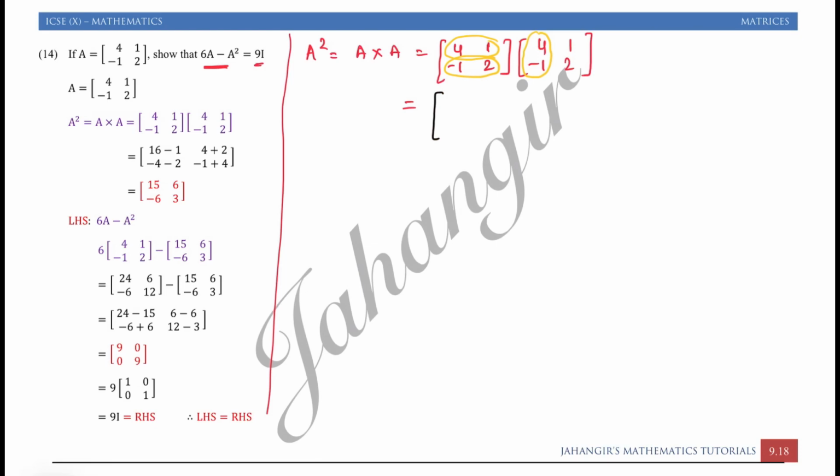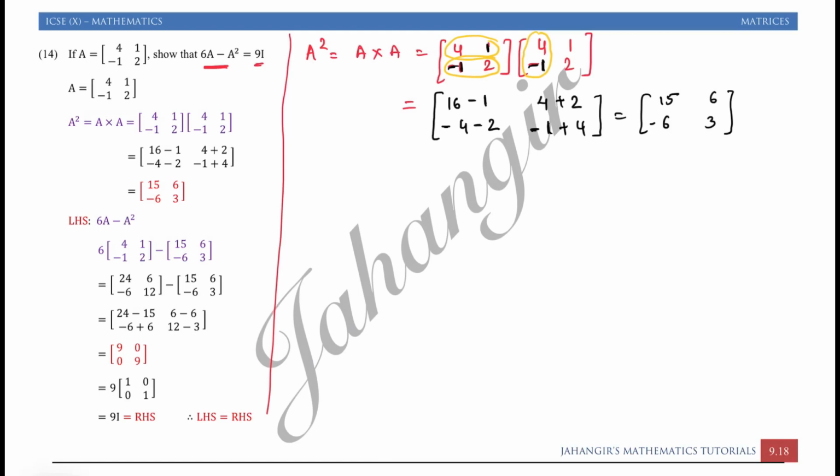So 4 4s are 16, then 1 into minus 1, that is minus 1, then minus 4, 2 into minus 1 is minus 2, then 4 1s are 4, 1 2s are 2, then minus 1 into 1, that is minus 1, plus 2 2s are 4. 16 minus 1 is 15, minus 4 minus 2 is minus 6, 4 plus 2 is 6, and 4 minus 1 is 3.